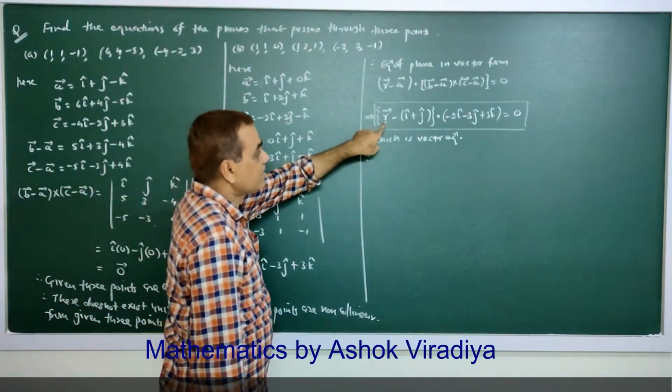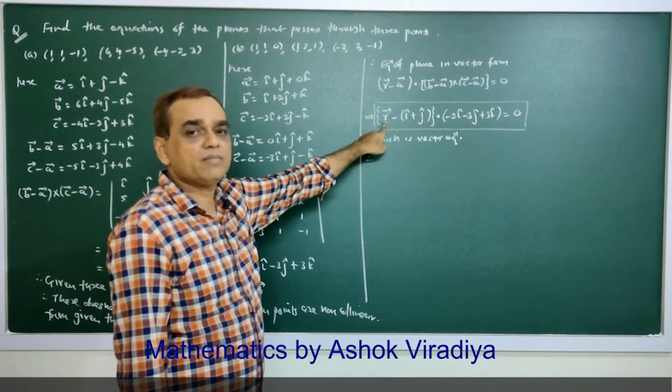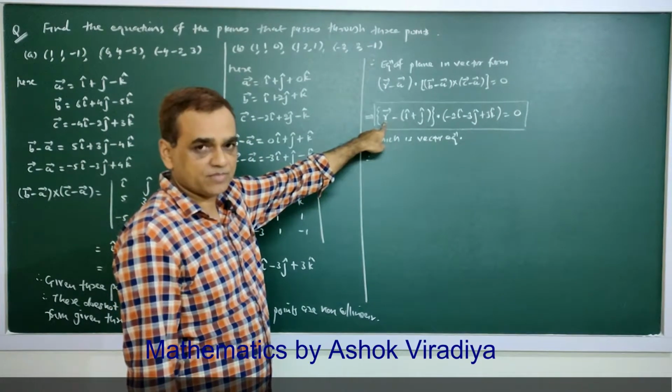Method is, vector r is xi plus yj plus zk.